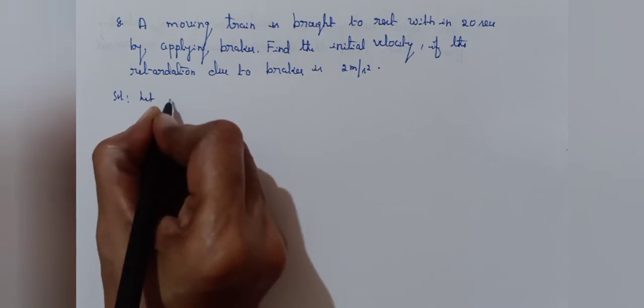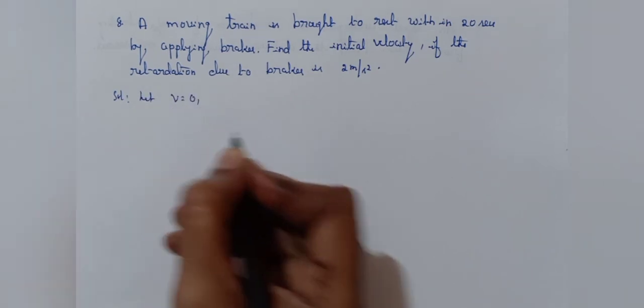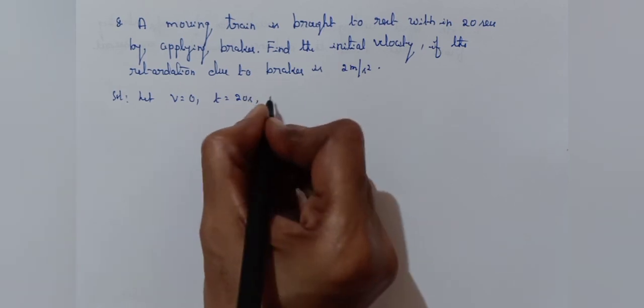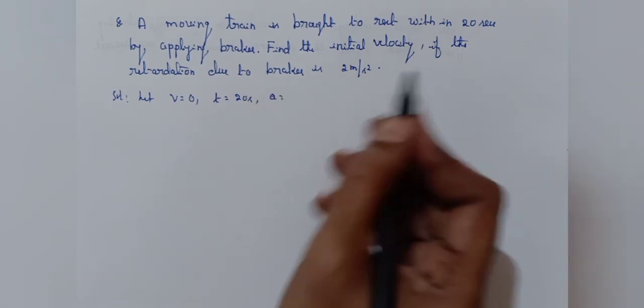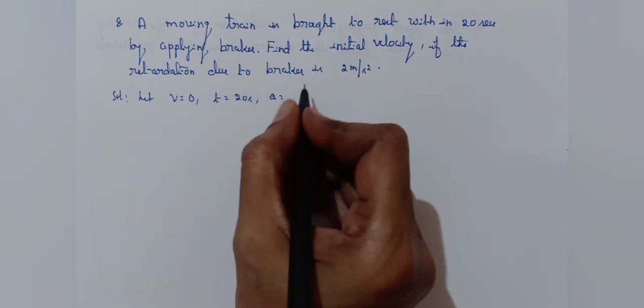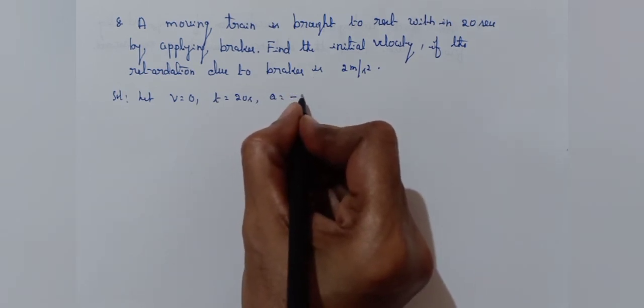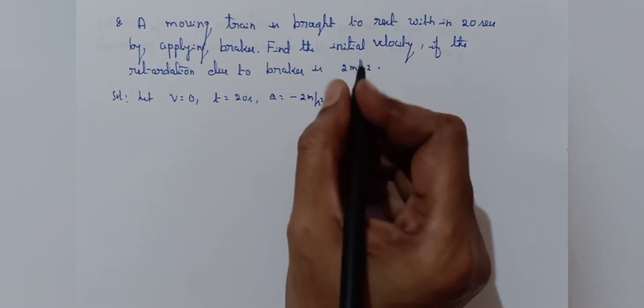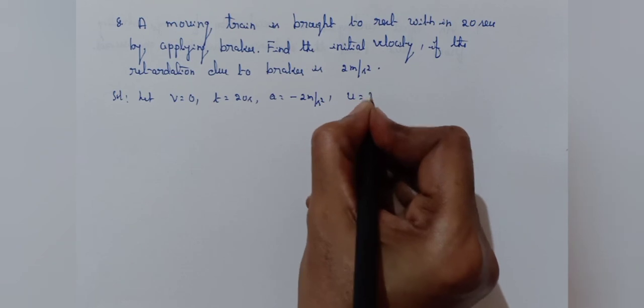Let v is equal to 0 and the time is 20 seconds and the acceleration is given. The acceleration is retardation. Retardation represents the negative acceleration. a is 2 meter per second square. Find out the initial velocity.